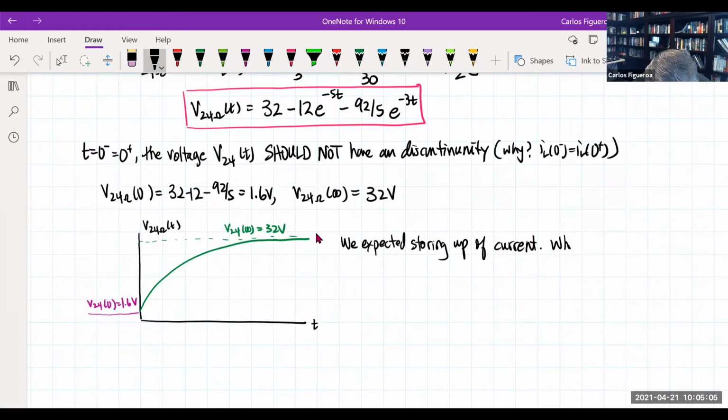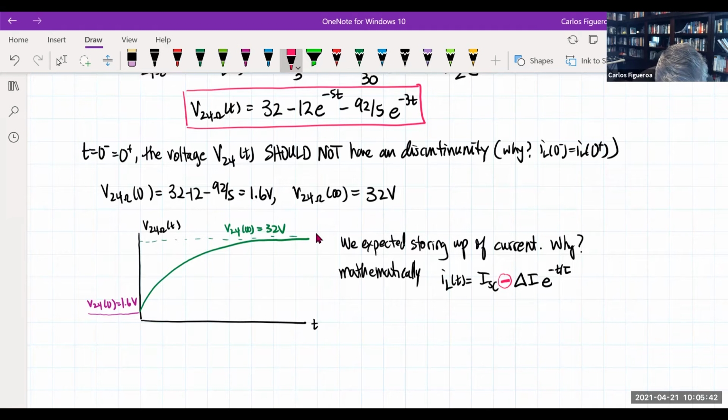Well, mathematically, if we have a solution for an inductor, and I have a constant source, one of the things that we saw is that we had this current like this here. And remember what we said, that if it stores current, we should have what? A minus sign right there.